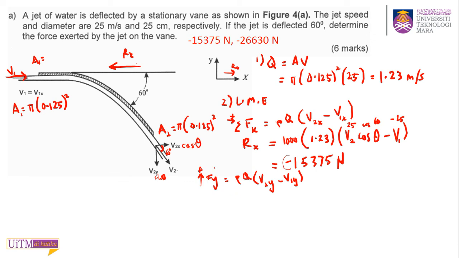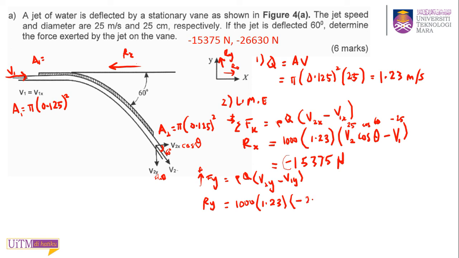Okay, and you only have y term lah, so there's no P1 or W, so only Ry to the upward Ry. Okay, equal to 1000 times 1.23 times V2y is this one, V2 sin theta, and it's moving opposite direction to your reference, so you need to put minus.